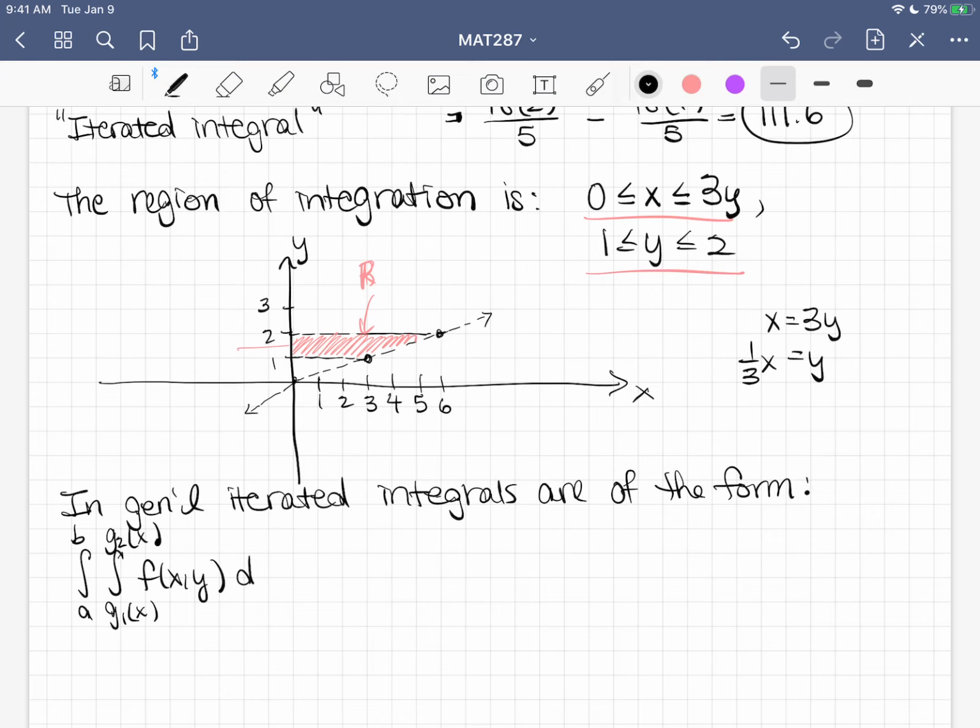So my inside integral is with respect to y, and then my outside integral is with respect to x. Or we could go from c to d and then integrate from h1 of y to h2 of y, f of x, y. Here I'm going to switch the order, dx dy.